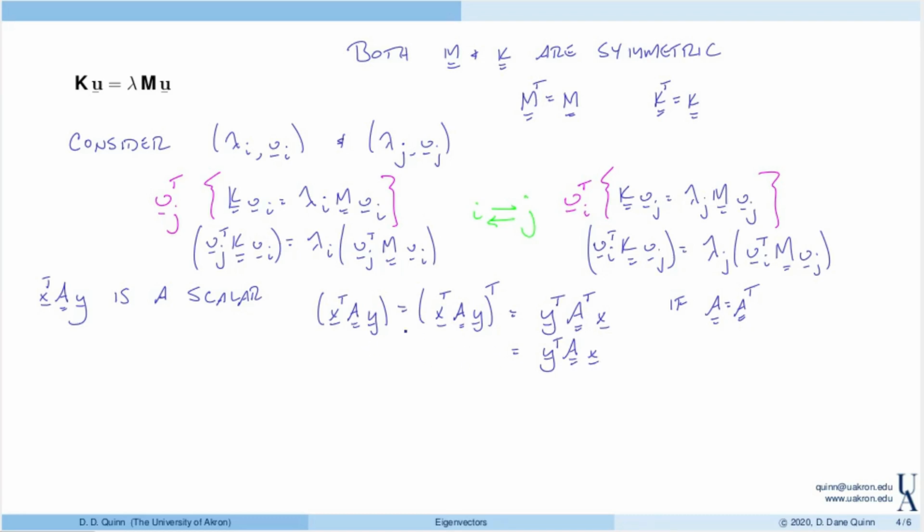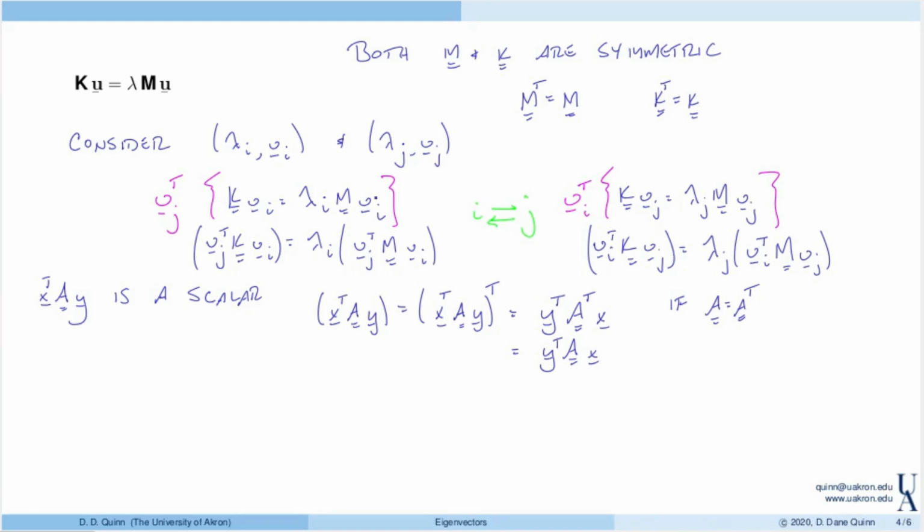So really, if a matrix is symmetric, then when I have this quantity, I can just switch the places of X and Y. X started off, and then A, and then Y. Now Y starts off, and A, and then X. If A is not symmetric, then I can't do that. But here it is.